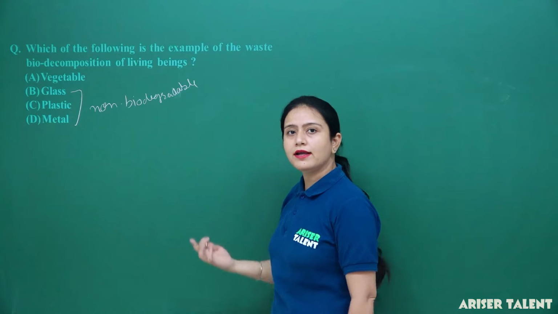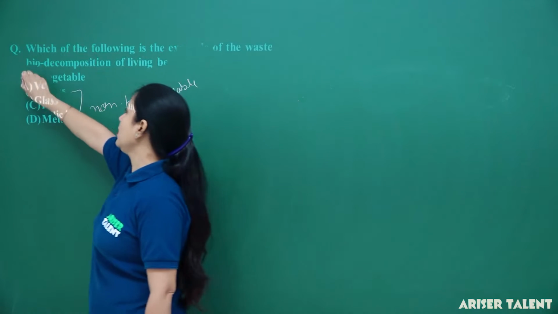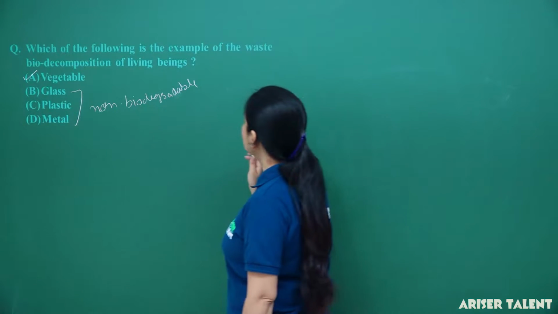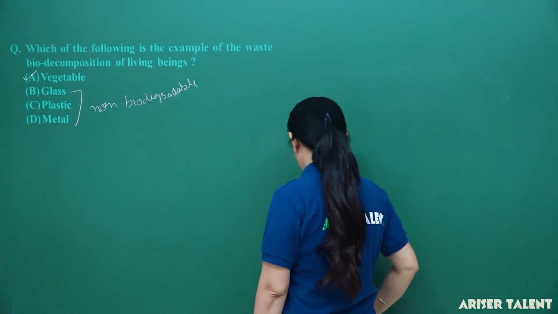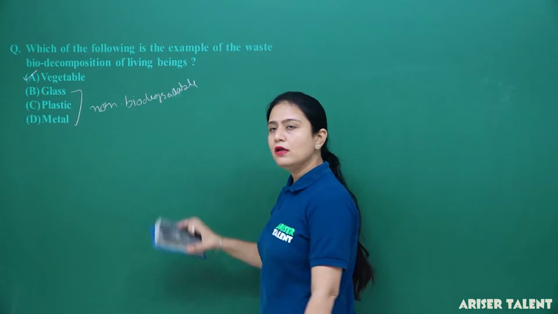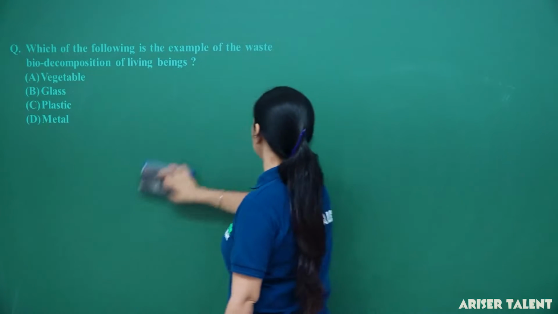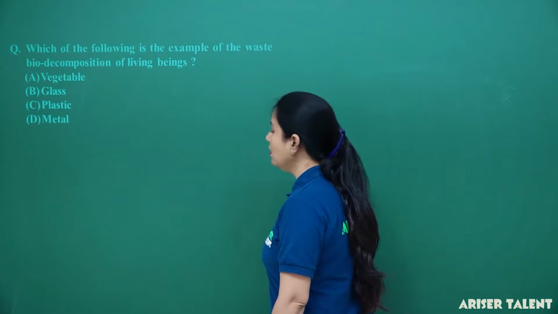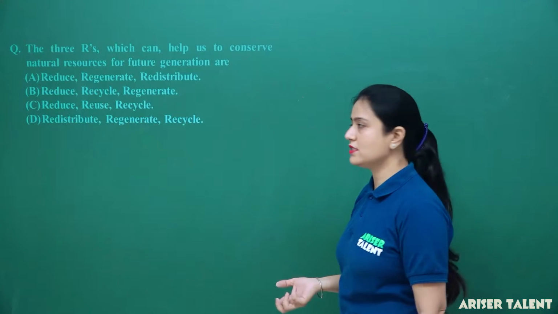Vegetables can be decomposed easily by microorganisms. Thus, option A, vegetables, is the waste which is an example of biodecomposition. They can be easily decomposed by microorganisms, and this is the reason manure is also made from the peels of vegetables. We can add the peels of vegetables there.